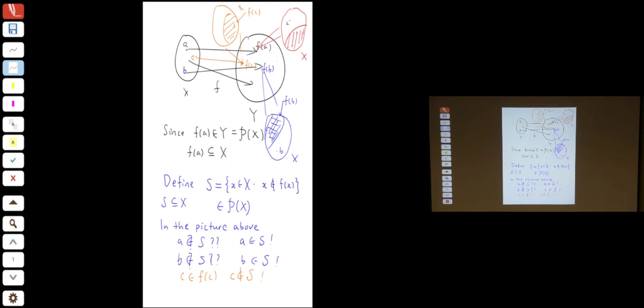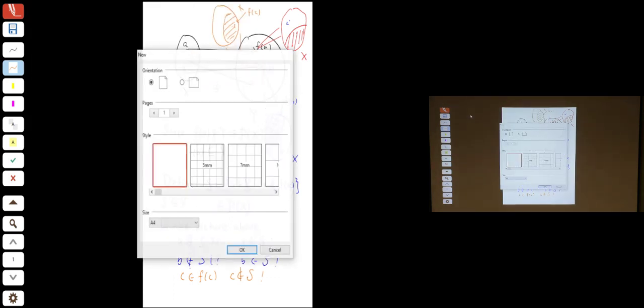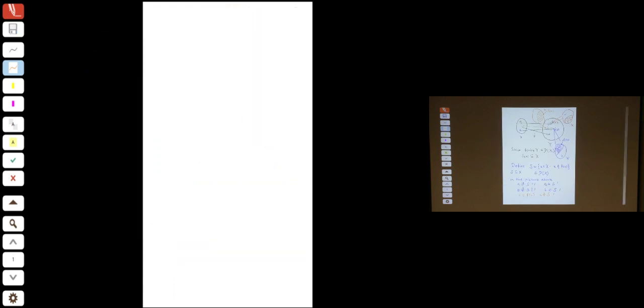Is this okay? So from this picture, I'm going to refresh the paper again, so that now I have defined a set S somewhere. So can I move on? Okay.